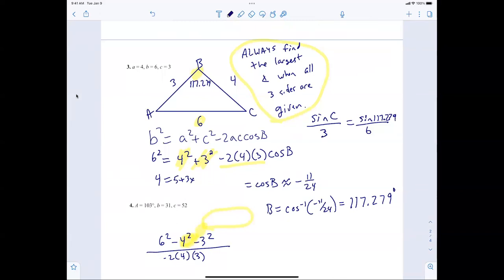Cross multiply, divide, inverse sine that, and tell me what C equals. 26 point what?